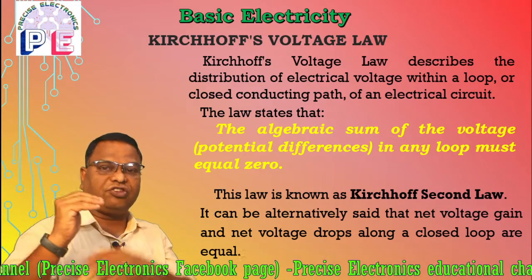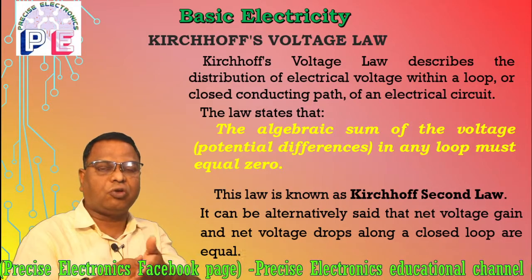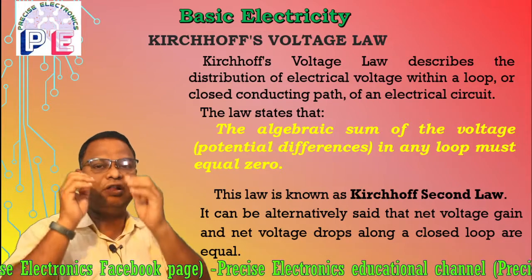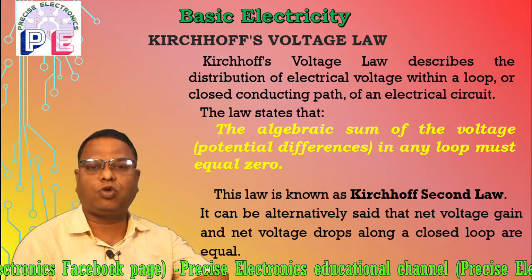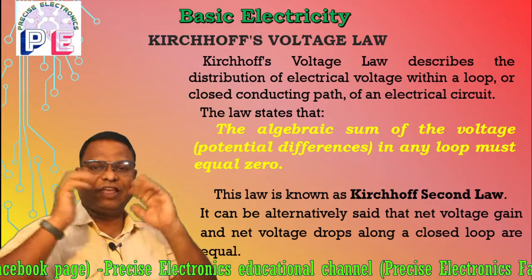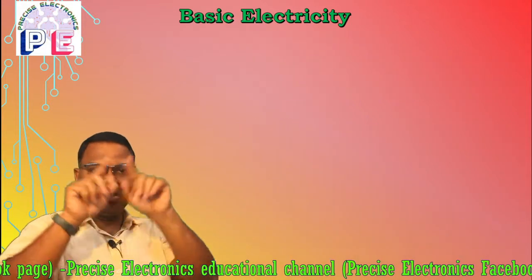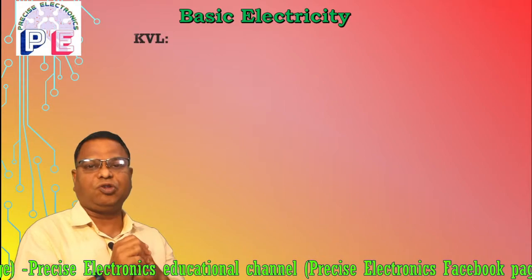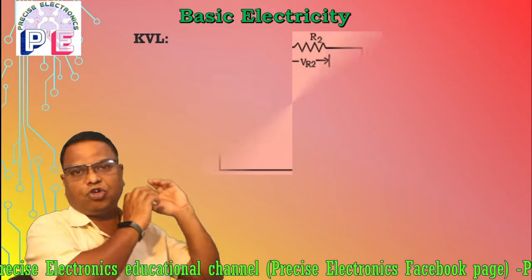Whatever potential is applied is always equal to the potential drop across the components in this circuit. For the explanation of this law, a circuit diagram is displayed on your screen.